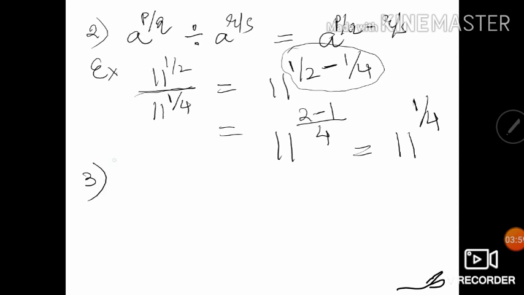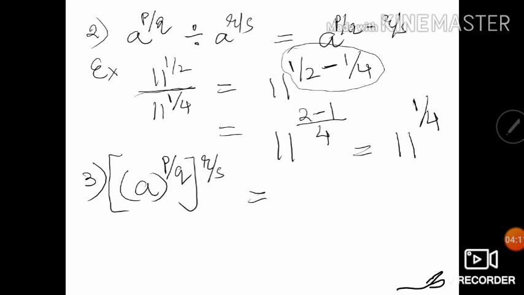Third law. A to the power p upon q, whole to the power r upon s. We multiply the powers over here. So a to the power pr divided by qs.